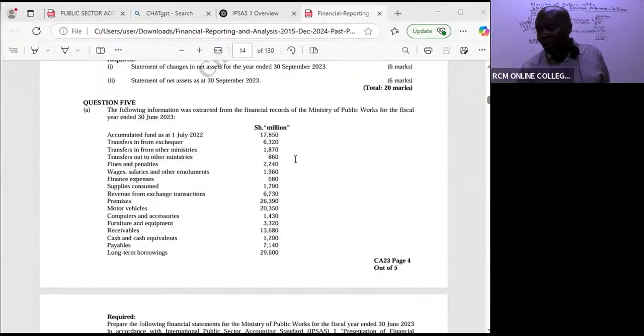The secretary is to tick. Whenever you pick something, tick it. So at the end of the day, you'll ask yourself, how come I've not picked this one? Me, I can forget because those things are very many and I'm using a screen, while you guys have the physical paper. Please tick. So the first expenditure there is transfers out to other ministries.